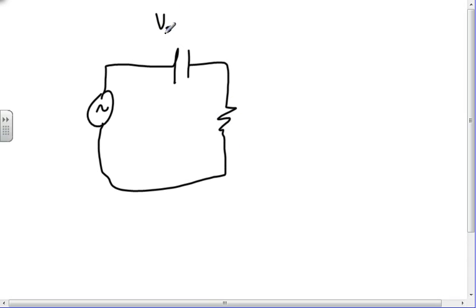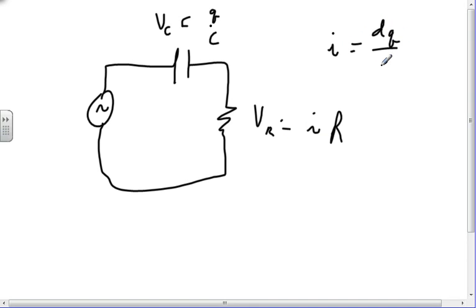The voltage across the capacitor is Q over C, and the voltage across the resistor is IR, and current is dQ/dt.